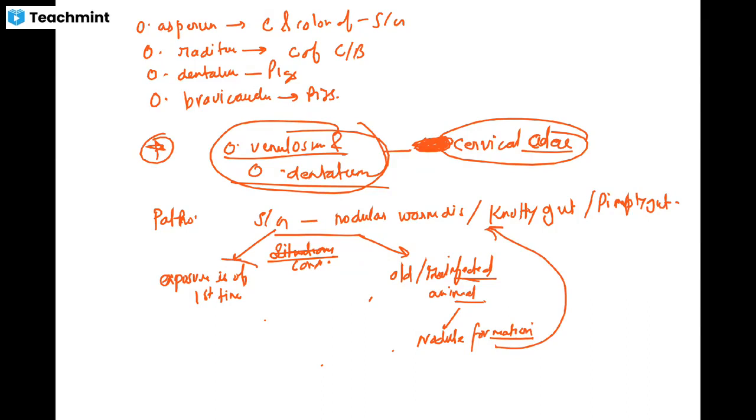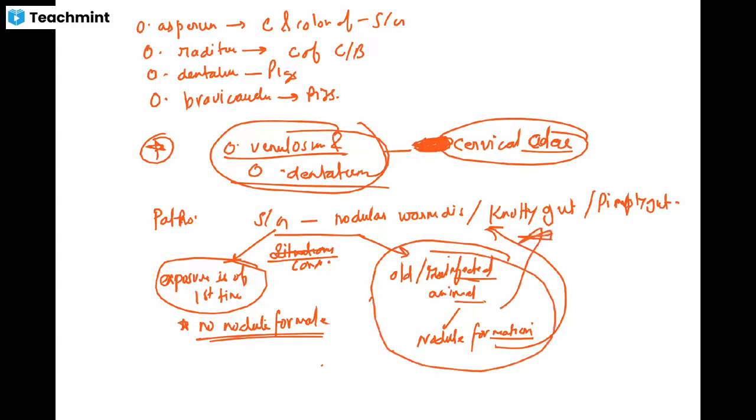If the exposure is first time, there is no nodule formation. You have to remember that knotty gut occurs in reinfected animals, not in those infected for the first time.